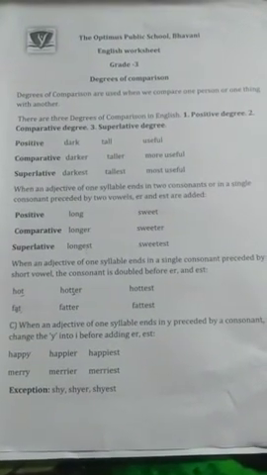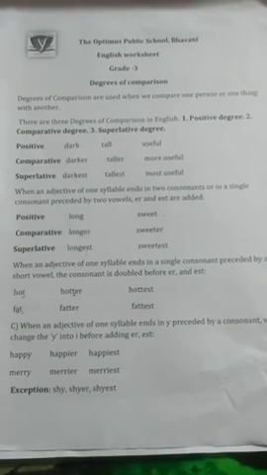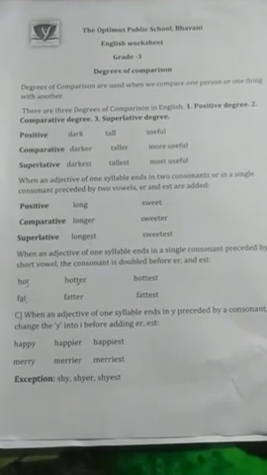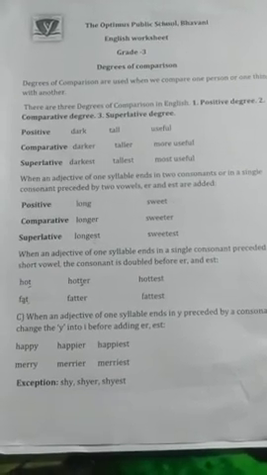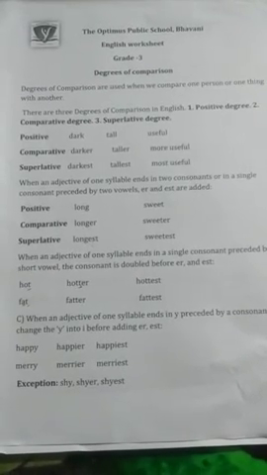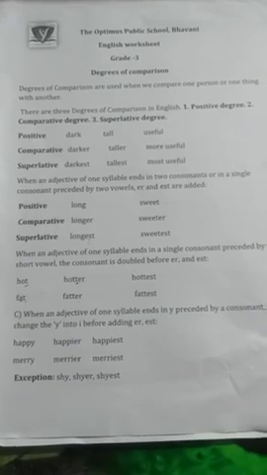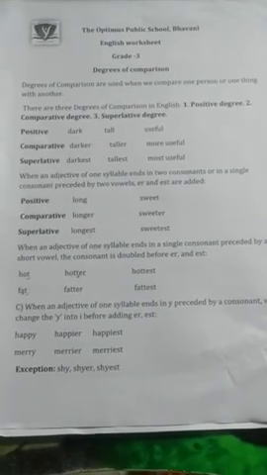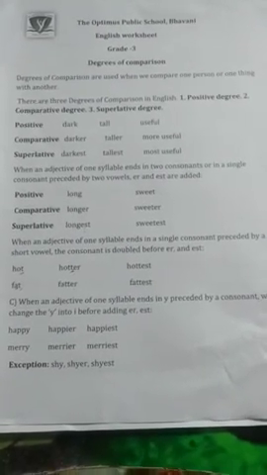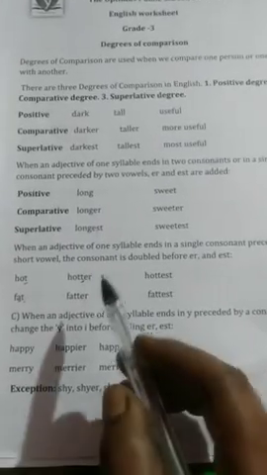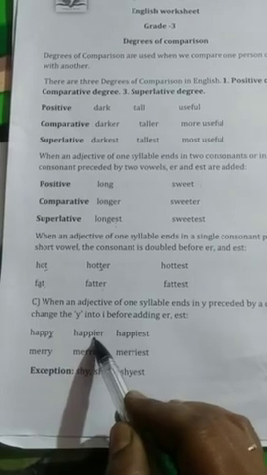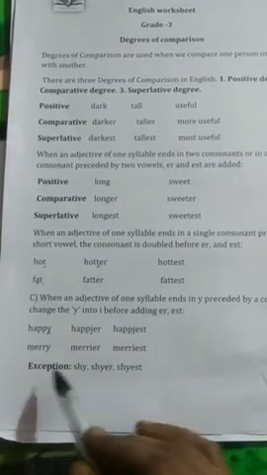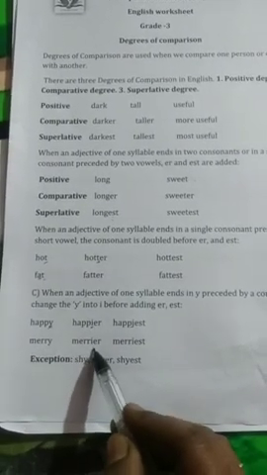Next, when an adjective of one syllable ends in y preceded by a consonant, we change the y into i before adding er and est. I told you already, when a word ends with a consonant plus y, change the y into i and add er and est. See the example, happy, happier, happiest; merry, merrier, merriest.